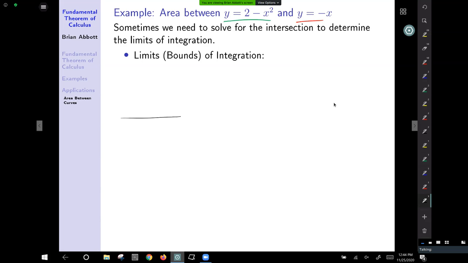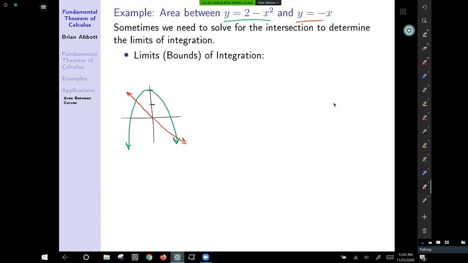Okay, so we're going to shift our parabola up 2. I'm deliberately not going to label my x-axis here. My parabola shifted up is going to look like this, coming down like that. And then y equals negative x, as perfectly diagonal downhill as I can.